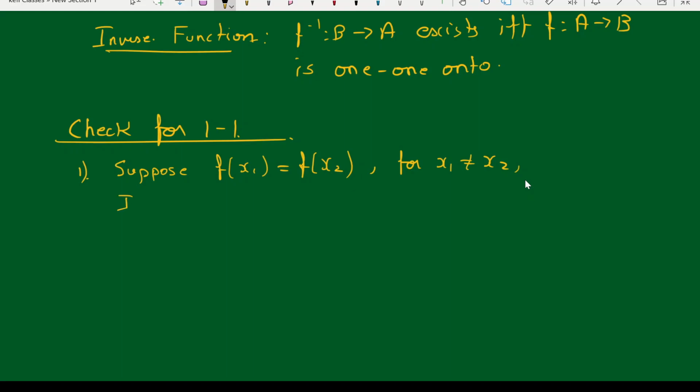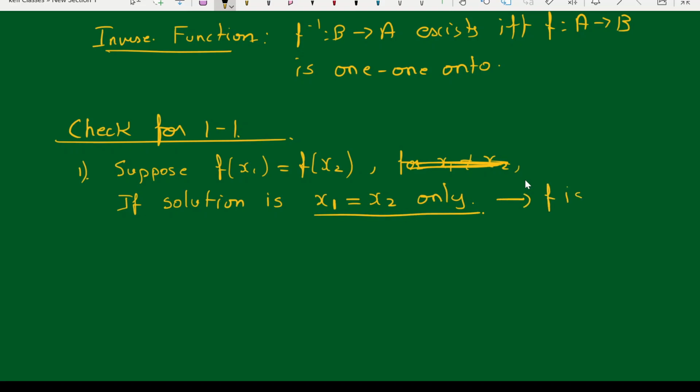Okay, if the solution is x1 is equal to x2 only, if this is the only solution, then the function is 1-1.